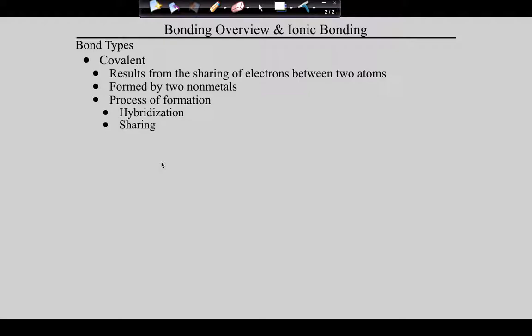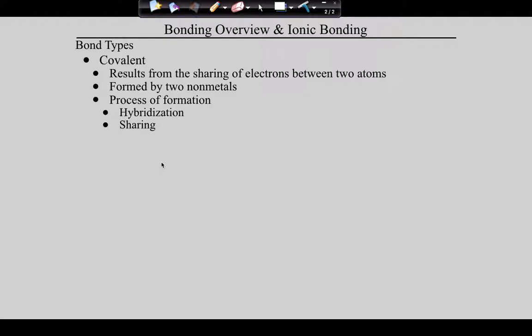It turns out that when every atom but hydrogen bonds covalently, it actually goes through a process beforehand called hybridization. And it explains so much stuff that you know to be true about molecules. It's really cool. You're going to like this day when we talk about hybridization. But understand that before they can share, everybody but hydrogen has to hybridize first. And we're going to add that to your understandings this year as well.